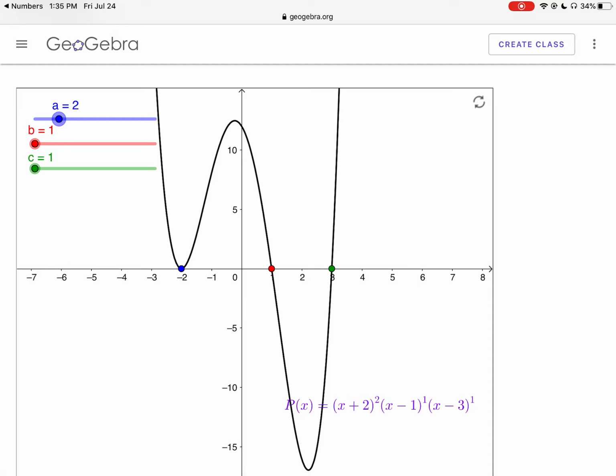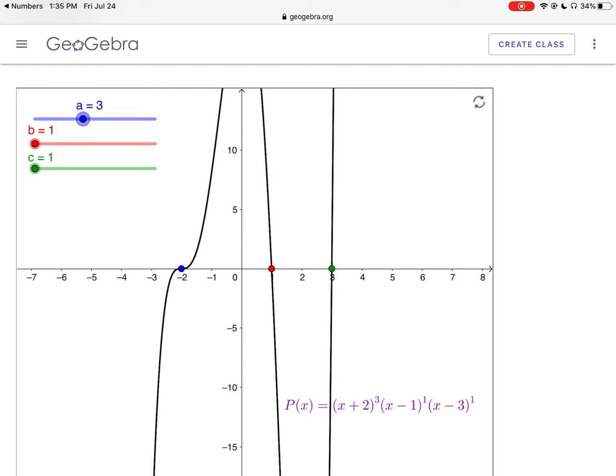What if I change the multiplicity to being 3? Okay, so now we're back to the curve crossing through at x = -2 from one side of the x-axis to the other side, kind of like it did when the multiplicity was 1. However, now there's a little bit of a bend to the curve as it crosses through at x = -2.